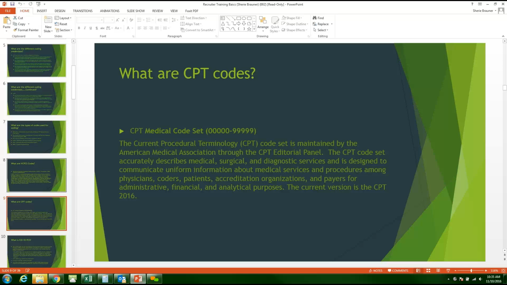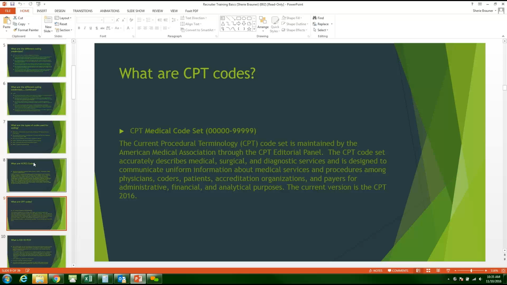The CPT code set accurately describes medical, surgical, and diagnostic services and is designed to communicate uniform information about medical services and procedures among physicians, coders, patients, accreditation organizations, and payers for administrative, financial, and analytical purposes.